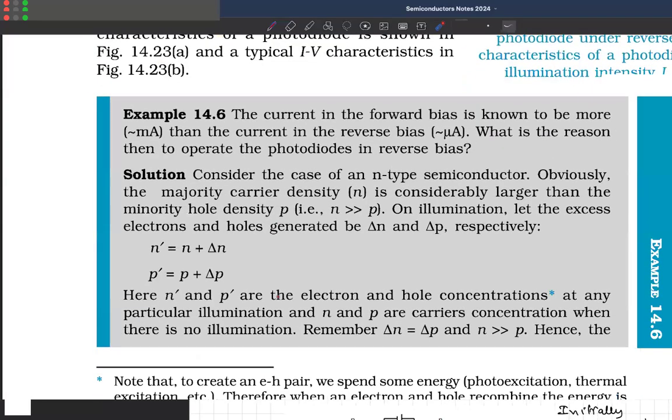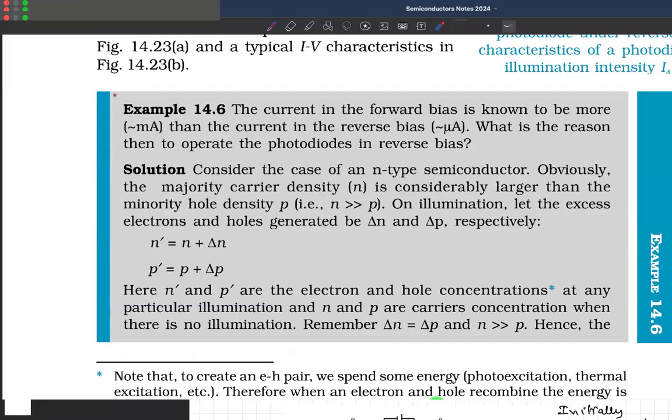This is a very standard question. A lot of times, most of the organizations use this in their exams. Theory type: the current in the forward bias is known to be more than the current in the reverse bias. What is the reason then to operate the photodiodes in the reverse bias?